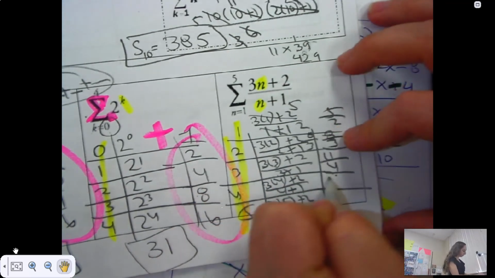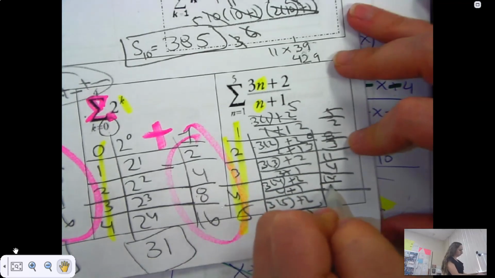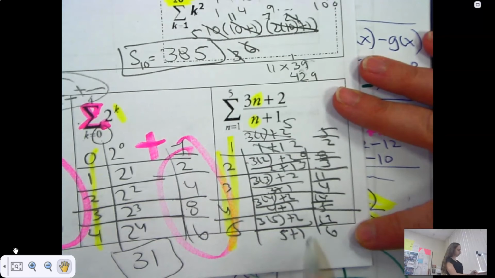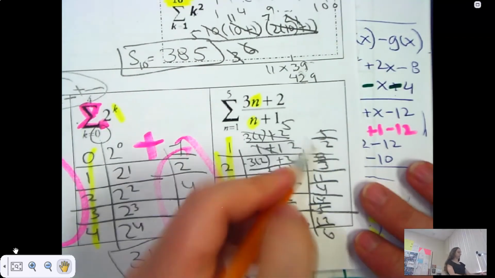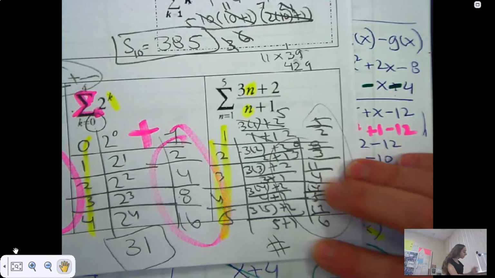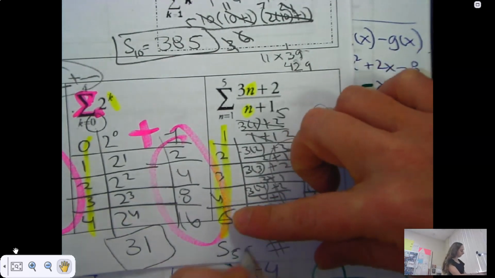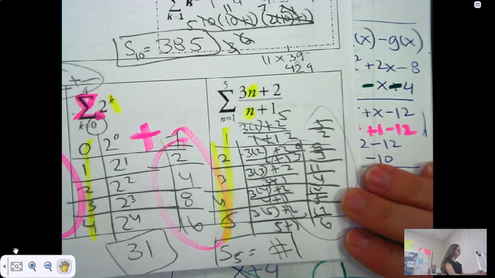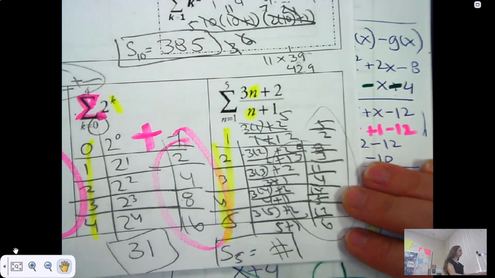Let's see if that works. 14 over 5. Ah, it does. So that means I just go plus 3, and now I got to add those up, and I get a number, okay? You get the idea. But this time, I can say I'm finding the sum of the first 5 numbers because I'm starting with the first number. So notice the difference.